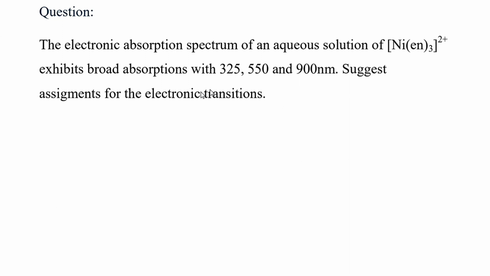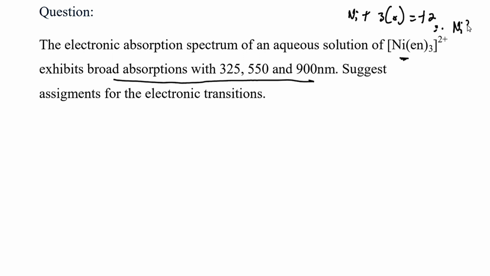So now let's see this question. The electronic absorption spectrum of this aqueous solution of the complex exhibits this broad absorption. We need to suggest the assignment for the electronic transition. First, calculate the oxidation number of the metal in this complex. We have nickel, plus 3, 0 to give positive 2, so the nickel here is 2 plus.